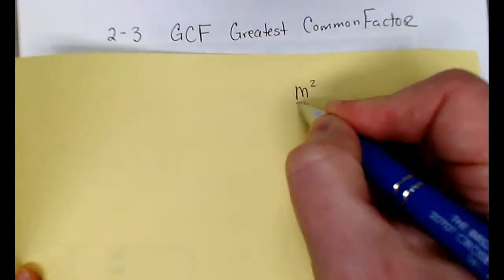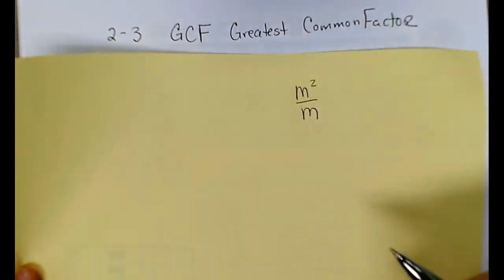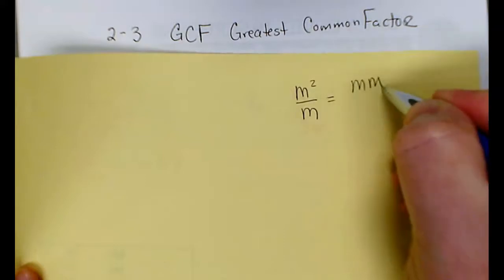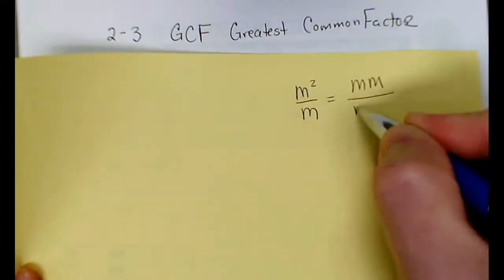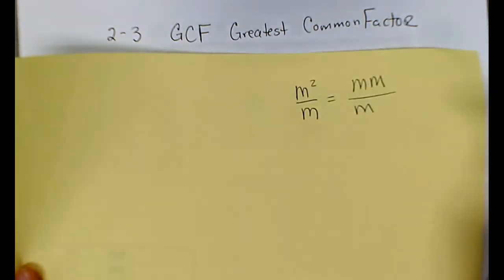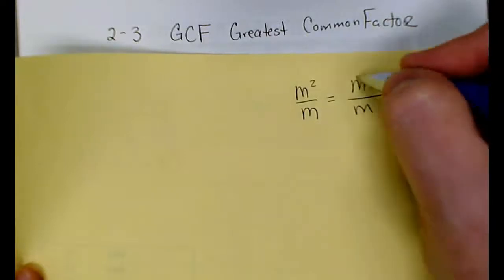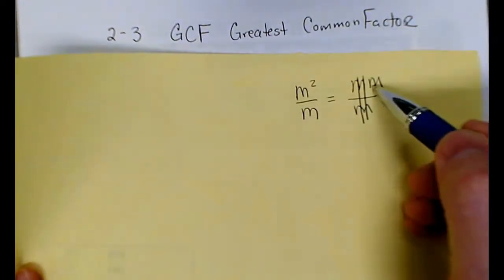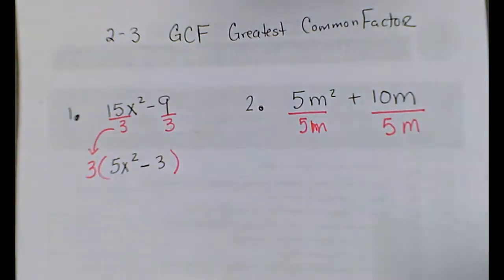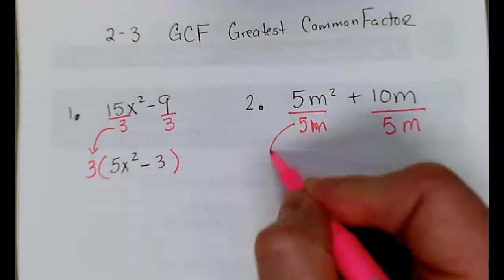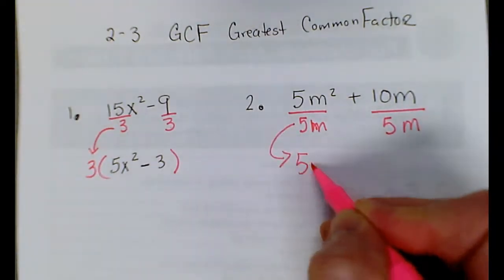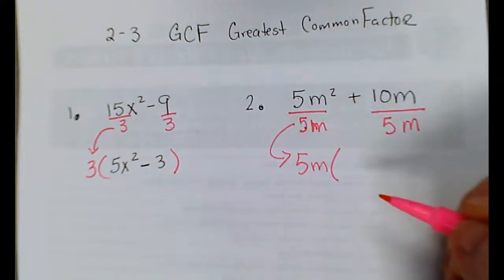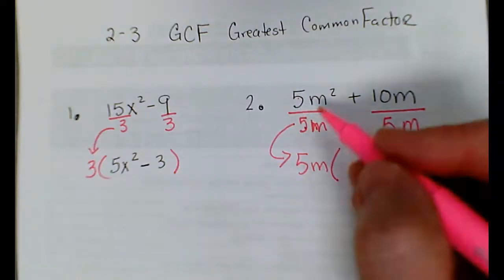So we had m squared over m. That's what we had, right? M squared, that's what m squared means. So m squared over m, one of these will cancel and one of these will be left. And so when we factor out in front, what's 5 divided by 5? 1, but we don't usually write the 1.